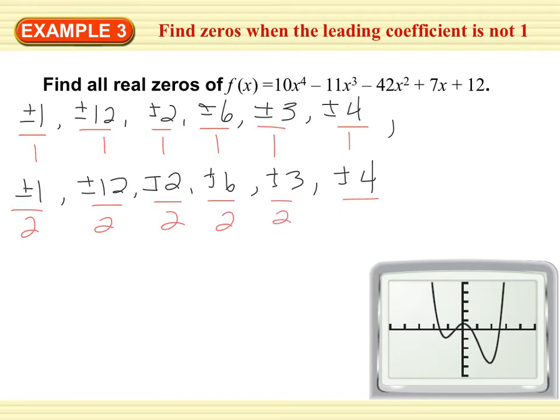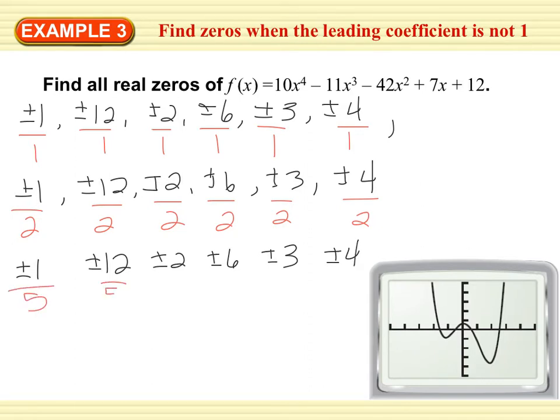Some of these are going to be duplicates, and that's all right. Let's go again. We'll cancel out the duplicates. This is going to be over 5. And the last one.